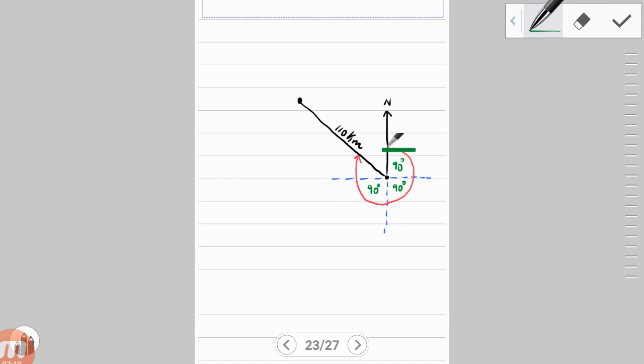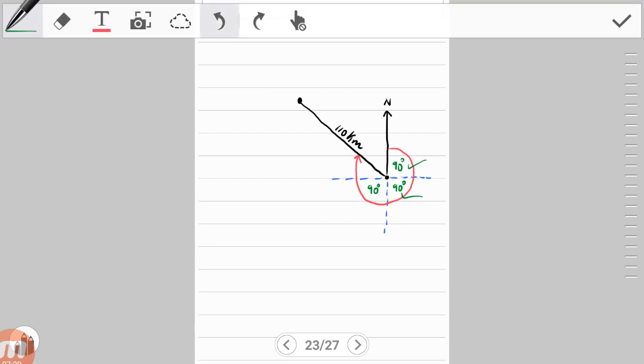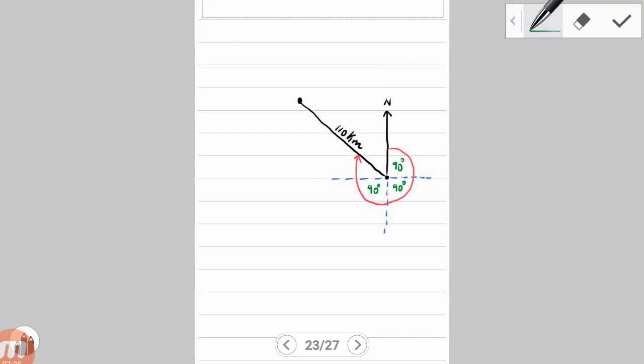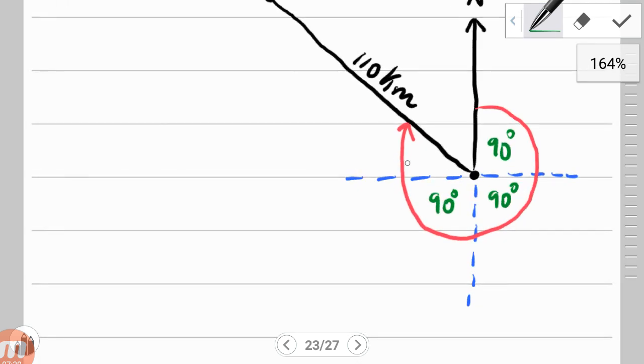Now, if the total angle is 310 degrees, total bearing, and we have already copped 270 degrees out of it, then that would simply mean here that 310 take away 270, and that would leave us with an angle in here of approximately 40 degrees.